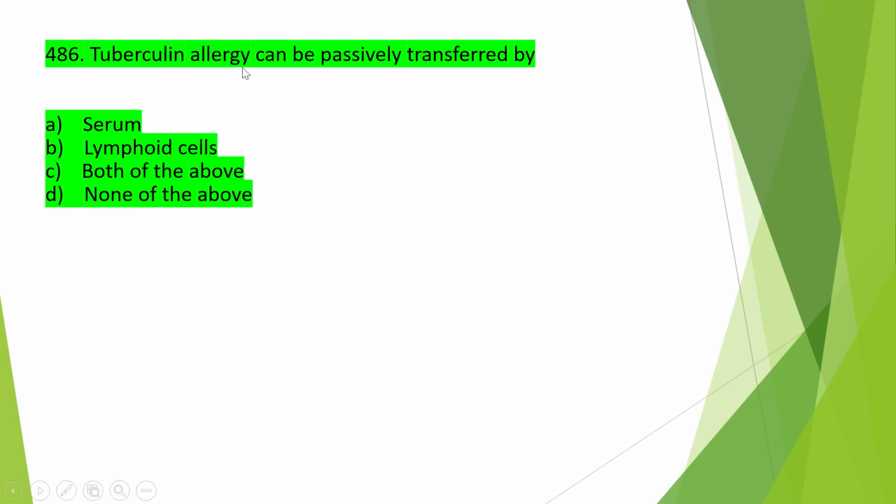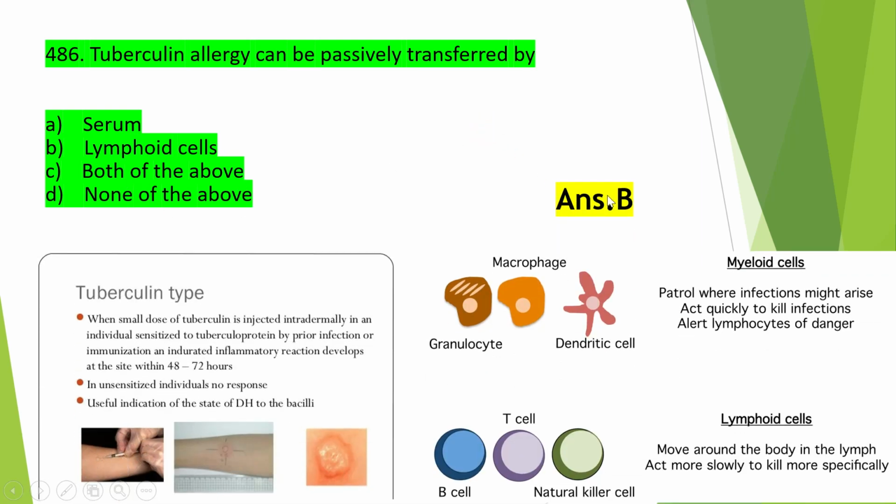So tuberculin allergy can be passively transferred by serum, lymphoid cells, both of the above, none of the above. The right one is option B, that is lymphoid cells. So tuberculin allergy can be passively transferred by lymphoid cells. Okay.